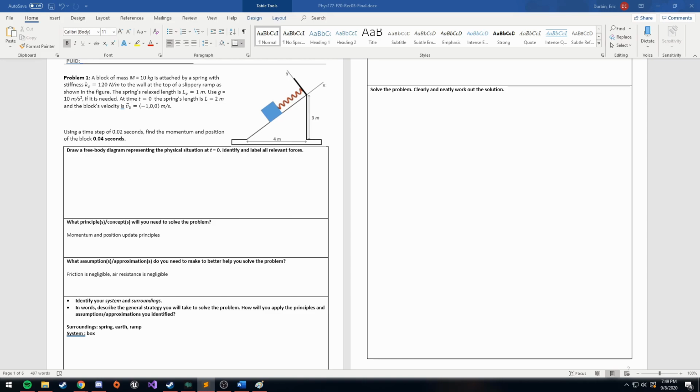I think you'd have to divide everything by mass to use the velocity version, because it gives you velocity. So our initial momentum should be -10.